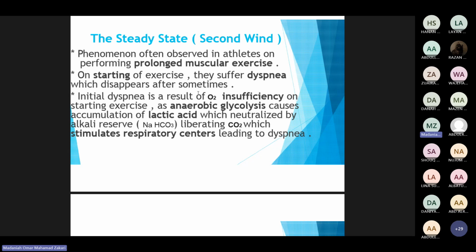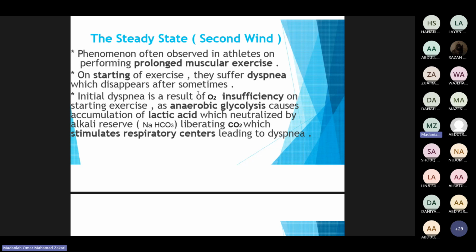So oxygen becomes insufficient in the beginning of the exercise, and then anaerobic glycolysis is used, causing breakdown of glucose and accumulation of lactic acid, which needs to be neutralized by a strong alkali, sodium bicarbonate. This leads to liberation of carbon dioxide, sodium lactate and water.